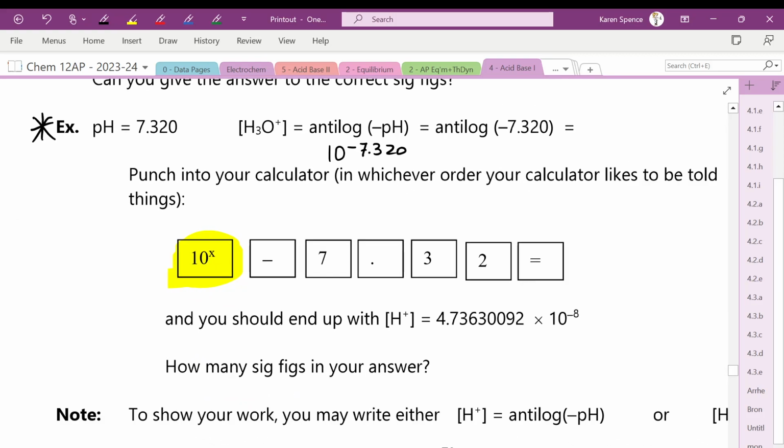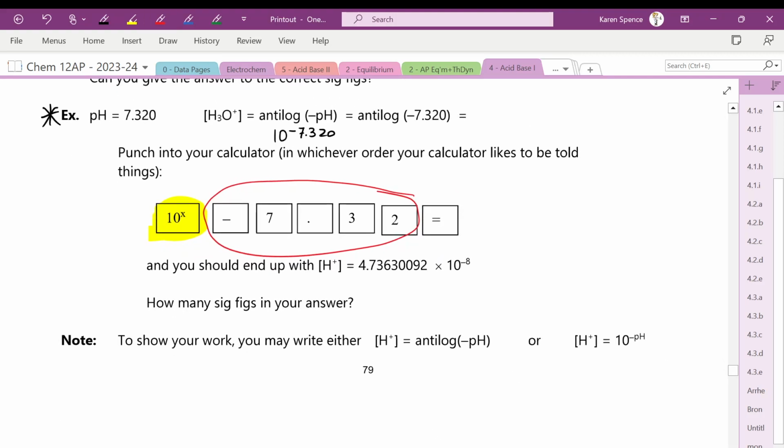But if you have one of these little babies, you would type in this first and then do shift log. Because these, you put the function at the end. If you wanted the square root of 9, you'd type in 9 square root. At any rate, make sure you can do that.